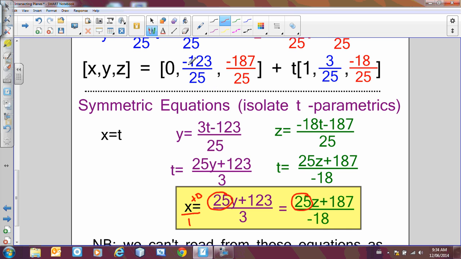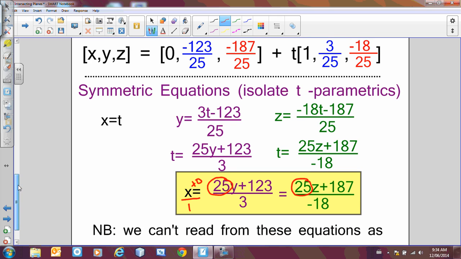So really what I've got here, if I write these perfectly, I end up with y plus 123 over 25 on top, divided by 3/25 in the denominator. Same sort of thing here. I end up with z plus 187/25 on top, divided by negative 18/25 in the denominator.